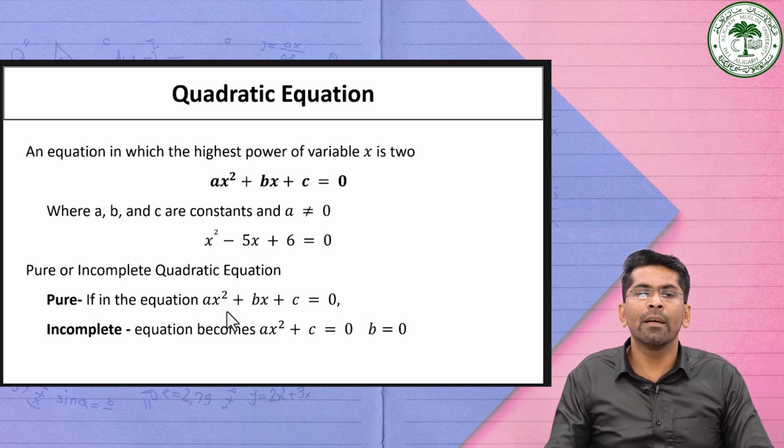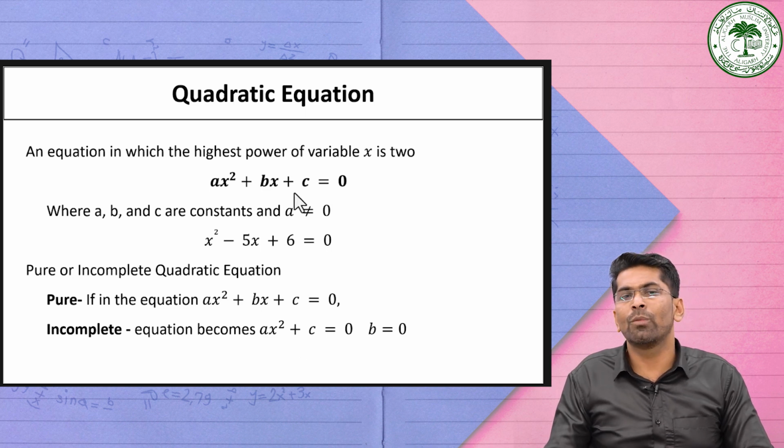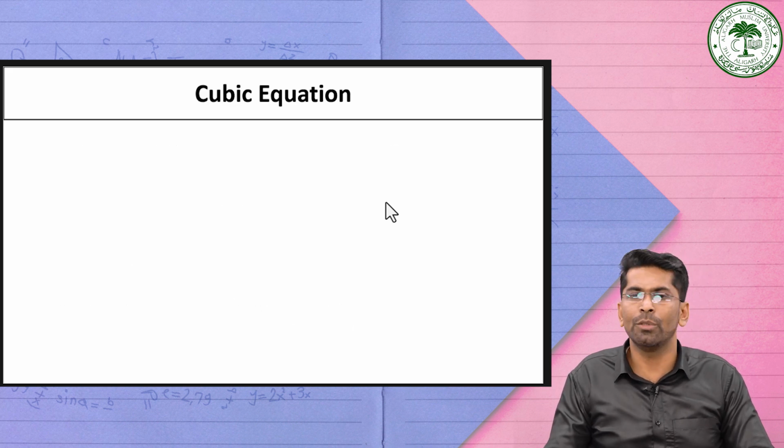Then what is remaining here? ax square plus c is equal to 0, where b is equal to 0. This is known as an incomplete quadratic equation. So the quadratic equation is in the form of ax square plus bx plus c, which is equal to 0, where a is not equal to 0.